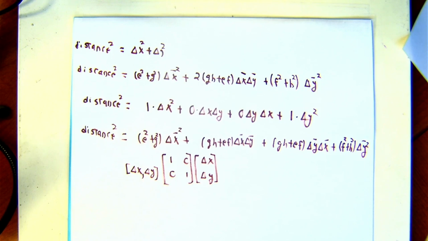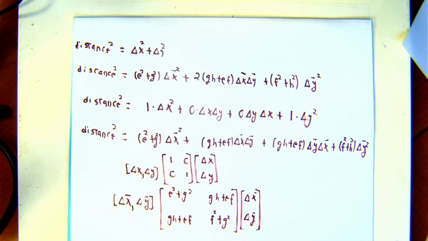In exactly the same way, I can represent the distance squared as a row involving changes in the barred coordinates times a matrix times a column involving the changes in the barred coordinates. So if I tell you only the changes in the barred coordinates, say that delta x bar is 6 or something, and delta y bar might be 4 or some such thing, I'll construct this 2 by 2 matrix using the formulas that relate the bar and unbarred coordinates.